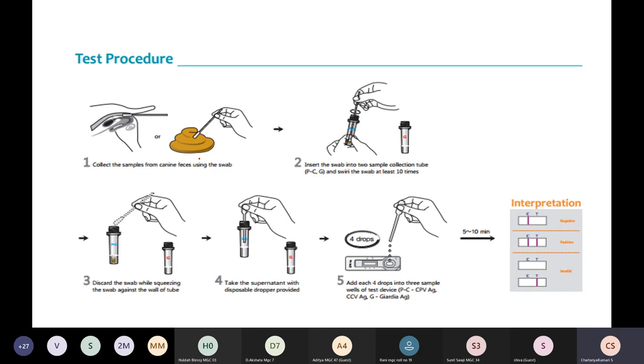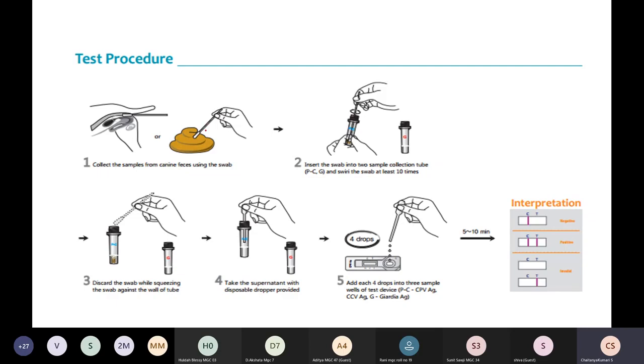So this is the strip test, where we collect the samples from the feces using the swab. Stool sample will be taken. Insert the swab into the sample collection tube and switch the swab for at least 10 minutes. That means we need to centrifuge the sample, and then discard the swab while squeezing it against the wall of the tube.